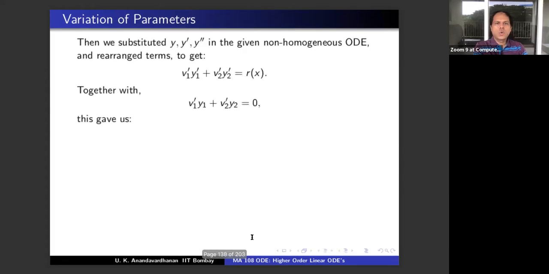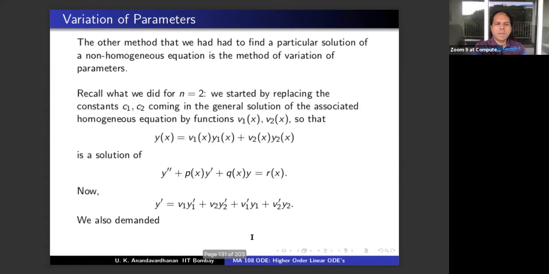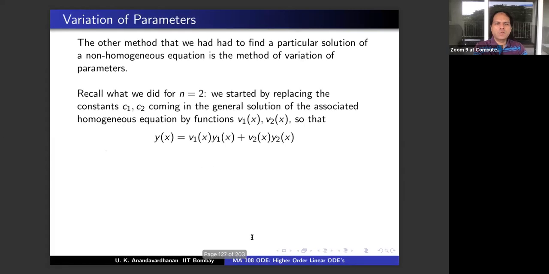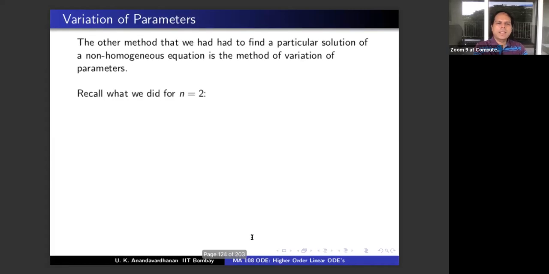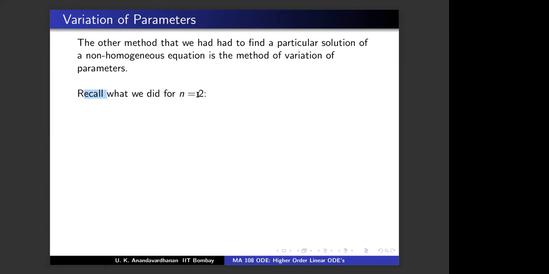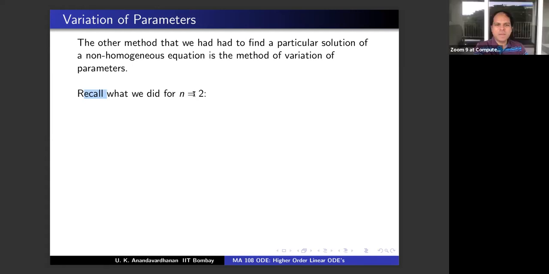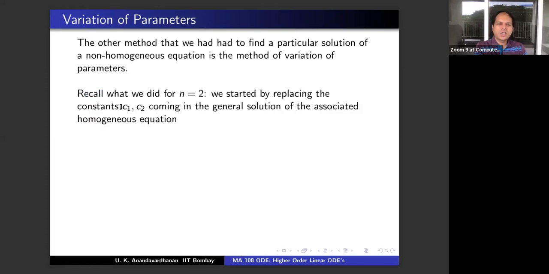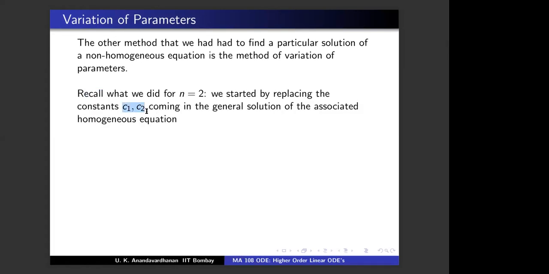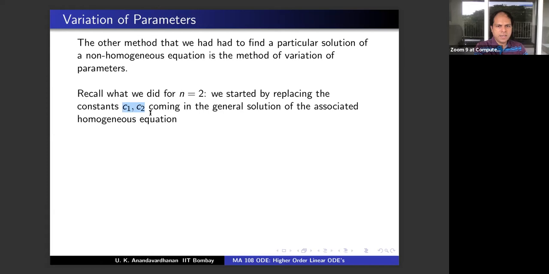Let us verbally say what might happen first. At this stage, what will be the change? N is some arbitrary n. Instead of constants C1, C2 till Cn, you will replace them by functions.